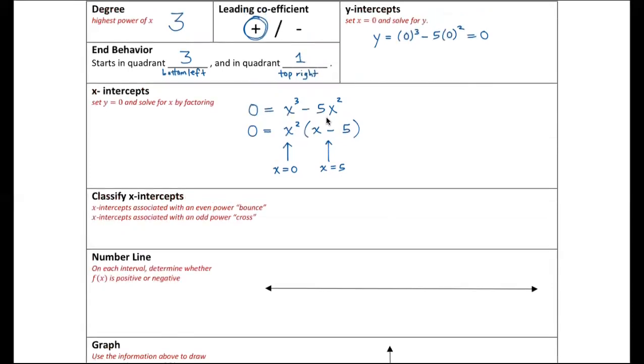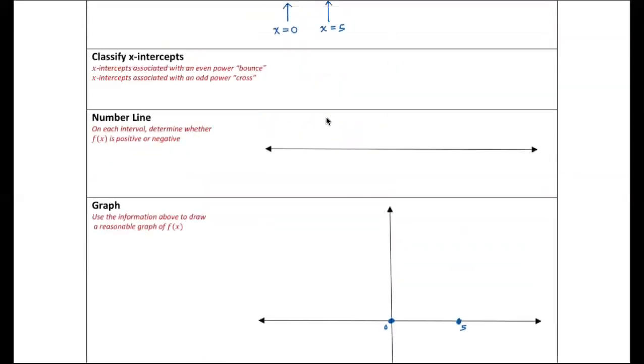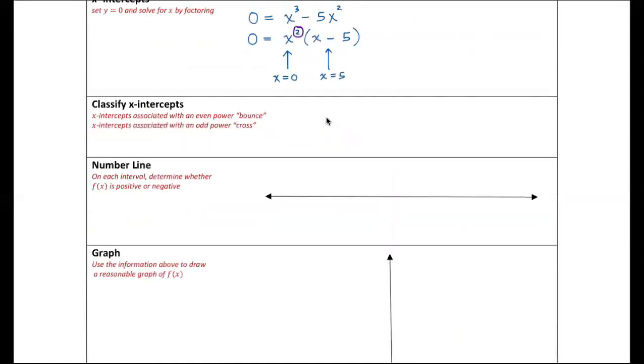So what we're going to do is go through and look at the x-intercepts. This x-intercept of x, it's associated with a 2 here. That's an odd or an even number? So that means that this x is equal to 0 is going to bounce at x is equal to 0 because of that 2.